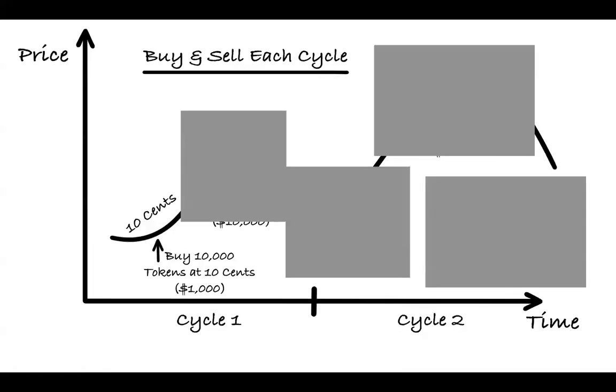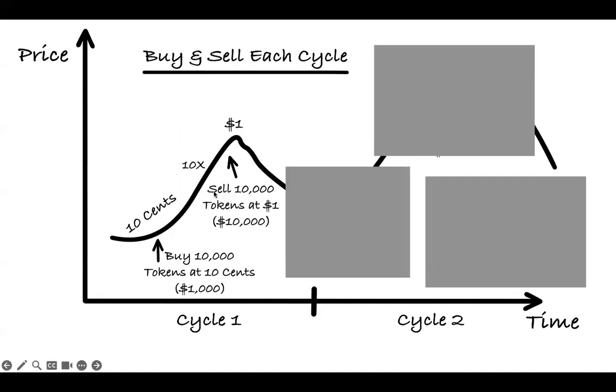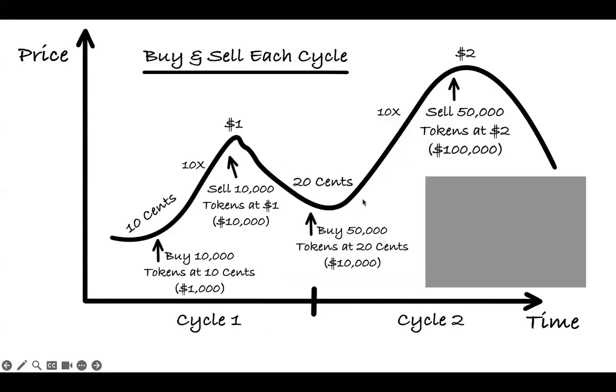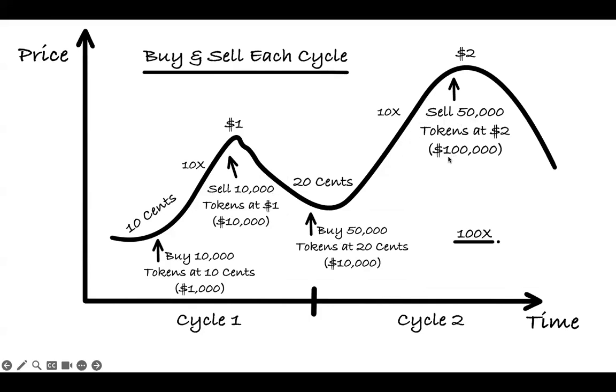And if we're buying and selling each cycle, this is how you would do it. As I explained before, we buy 10,000 tokens at 10 cents. We sell those 10,000 tokens at $1. And then we buy 50,000 tokens at 20 cents, which is the $10,000. And then we sell the 50,000 tokens at $2, which is in fact $100,000. So instead of 20xing our money, in this case we've 100xed our money.